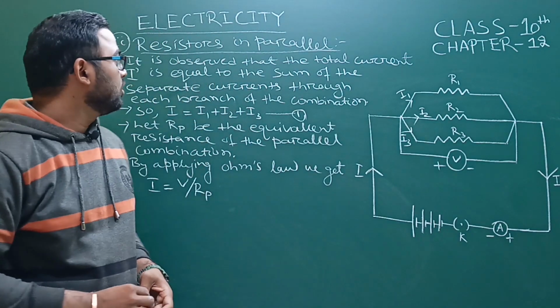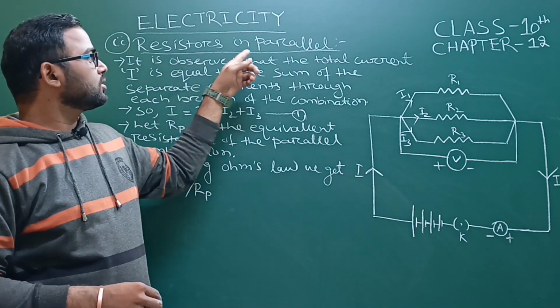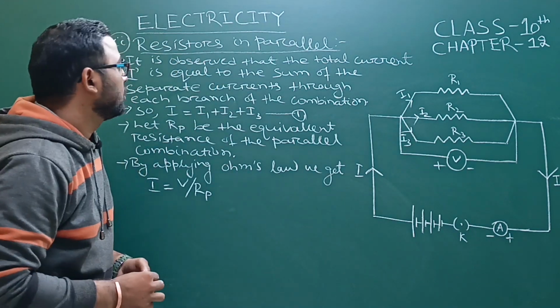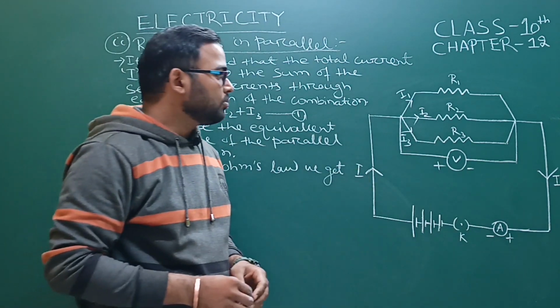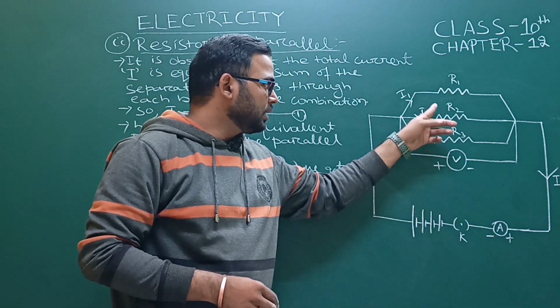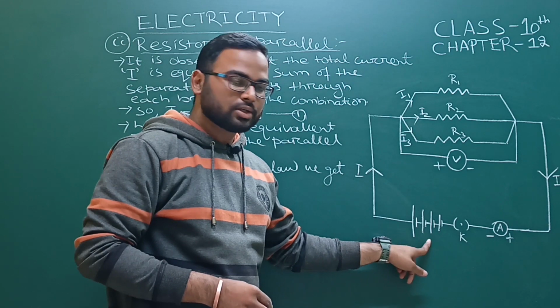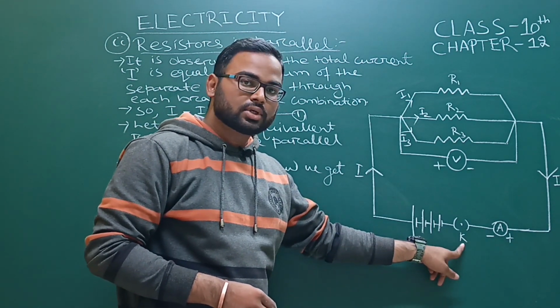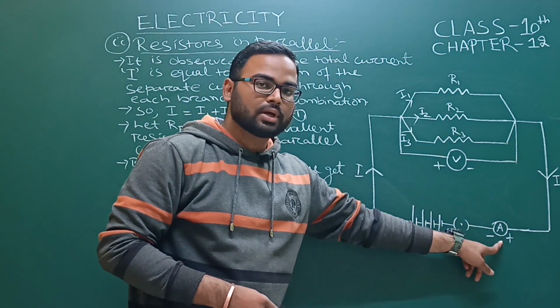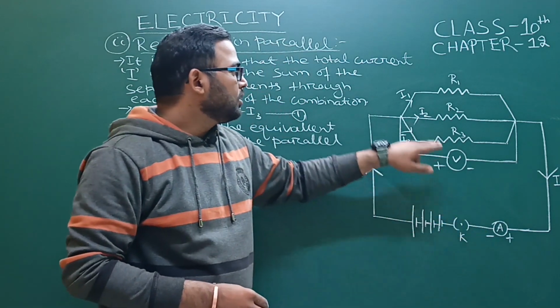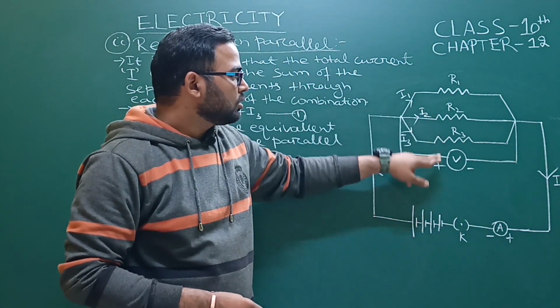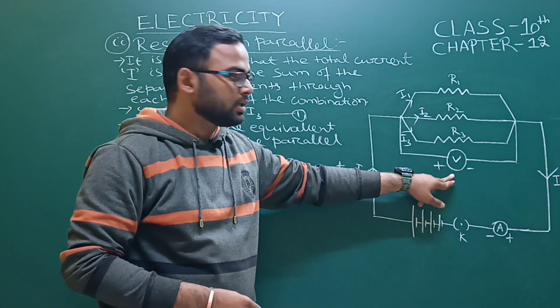Now we will study resistors in parallel. See the circuit diagram. There are 3 resistors R1, R2, R3. There is a battery or potential difference. It is connected with a key, and the key is connected with an ammeter. This parallel connection is connected with a voltmeter.